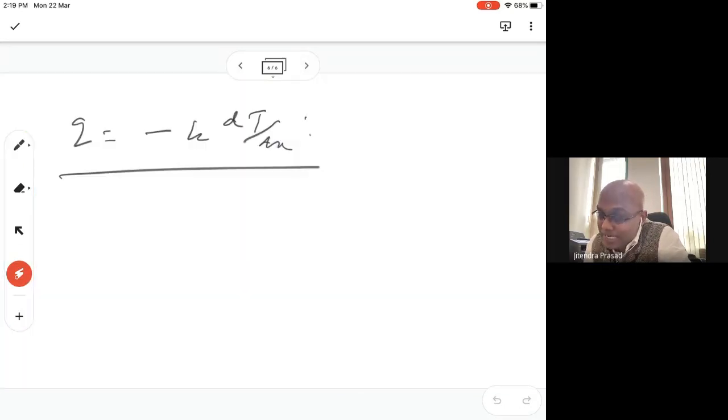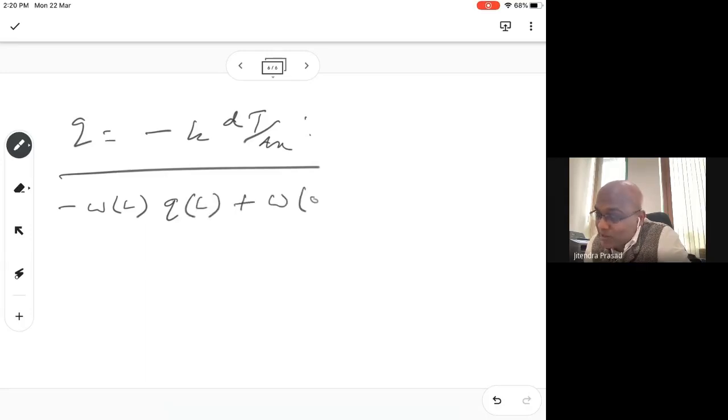So what you will see is minus W(L) times Q at L, plus W(0) times Q at 0. Here A will be included. Whenever you write Q, be careful whether this is heat gain per unit time or heat gain per unit area per unit time.